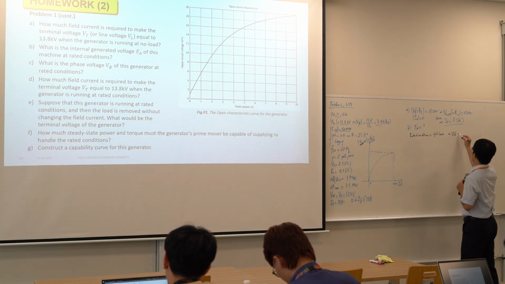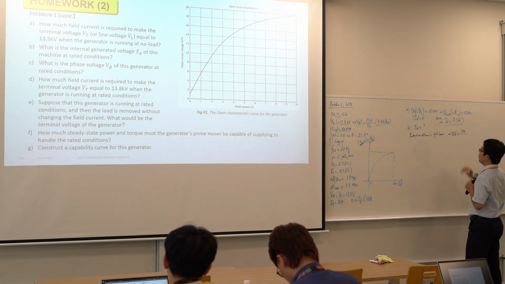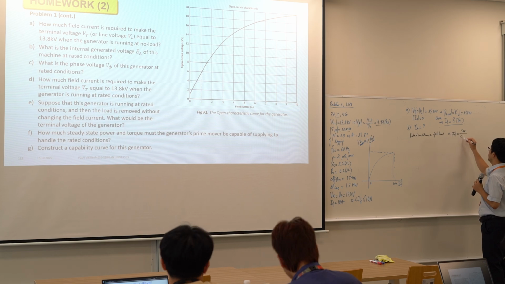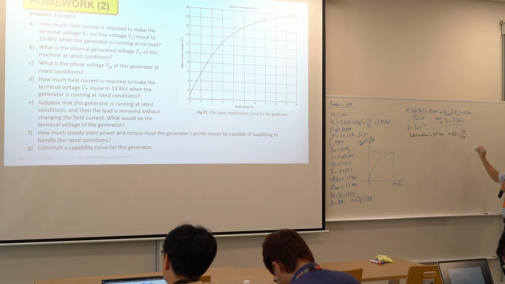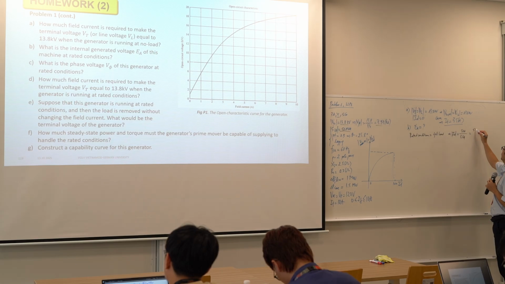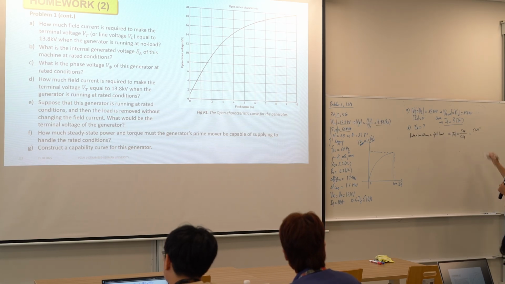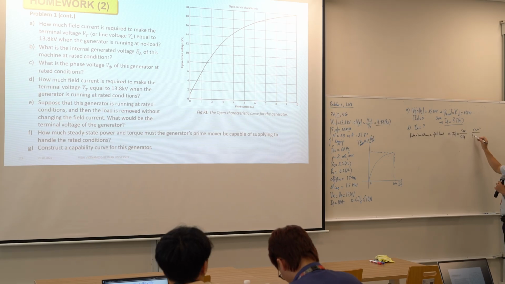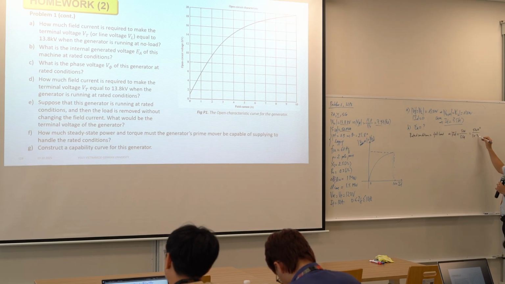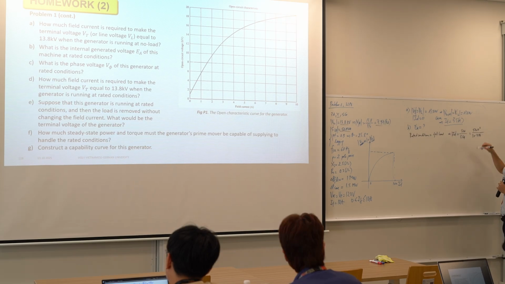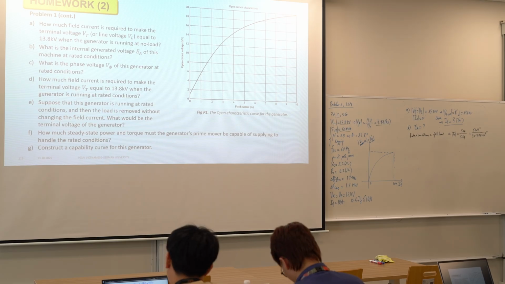So IA is S at 3 phase over 3 V phase. Here you get 50 MVA, that means 10 to the power of 6, divided by 3 V phase, how many? 7.97 kV, that means times 10 to the power of 3. How many do you get, please?